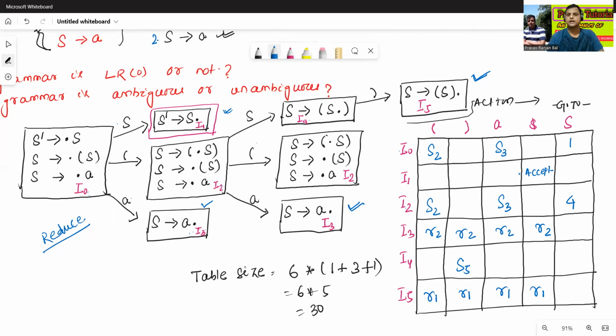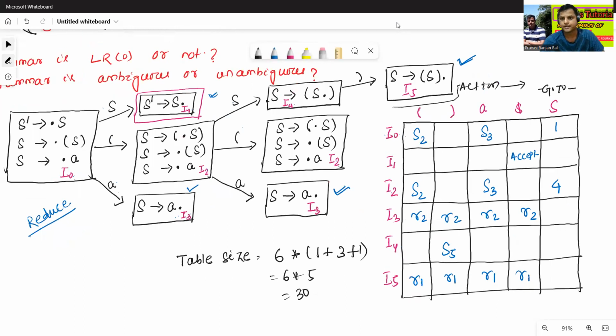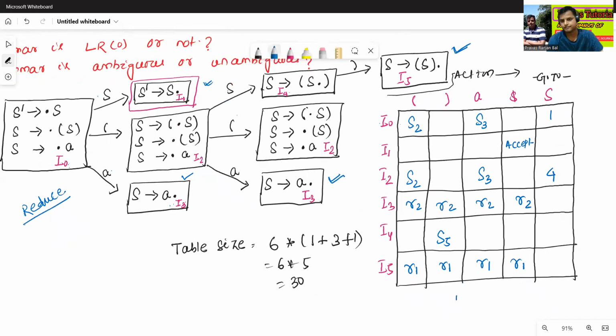This grammar is called the LR0 parser, the construction of the LR0 parsing table. So this is called the LR0 parsing table.